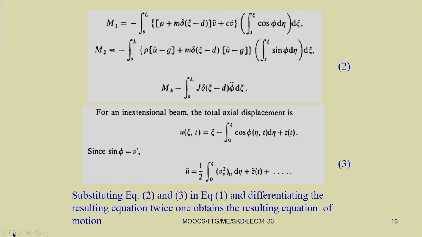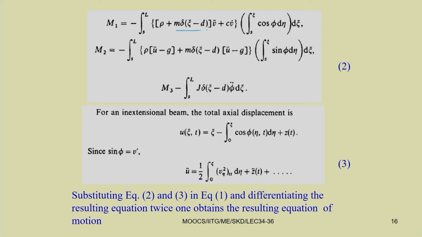So, now let us see this m1. We will take the moment about that point S. Here m1 will be the moment of this small element, which we will integrate over the length, from S to L. So, m1 equals minus integration S to L of rho plus m delta zeta minus d.